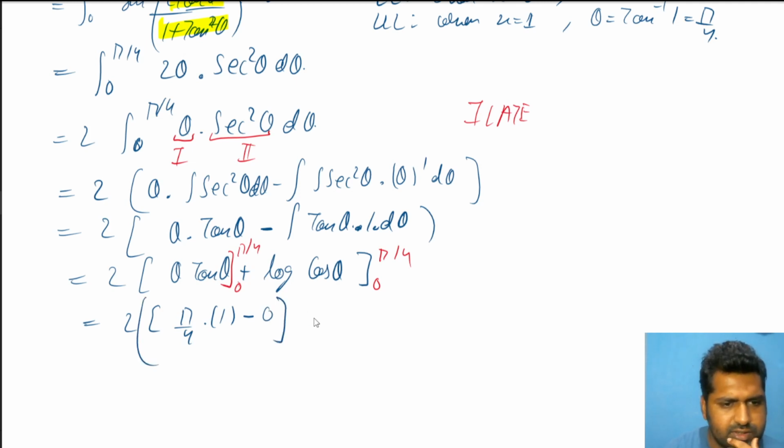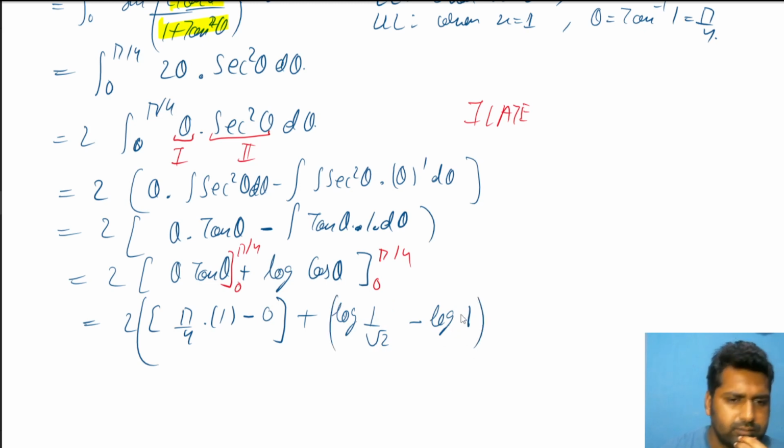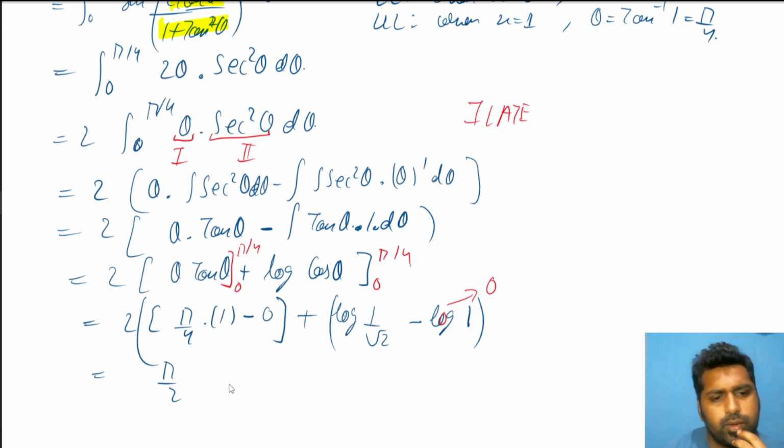This is first part. Second part, plus log cos theta, so log cos pi by 4 is 1 by root 2 upper limit, minus lower limit is log cos 0, so cos 0 is 1. And what is log 1? Always 0. So basically this becomes pi by 2, plus 2 log 1 by root 2.